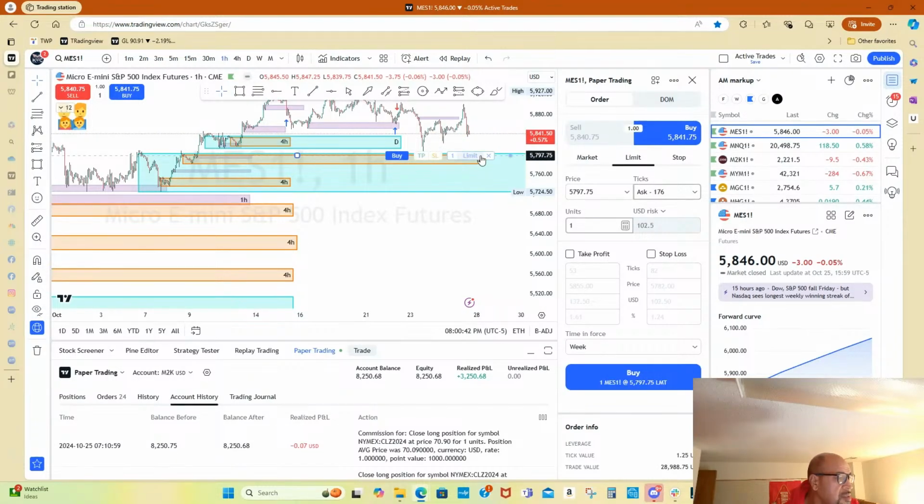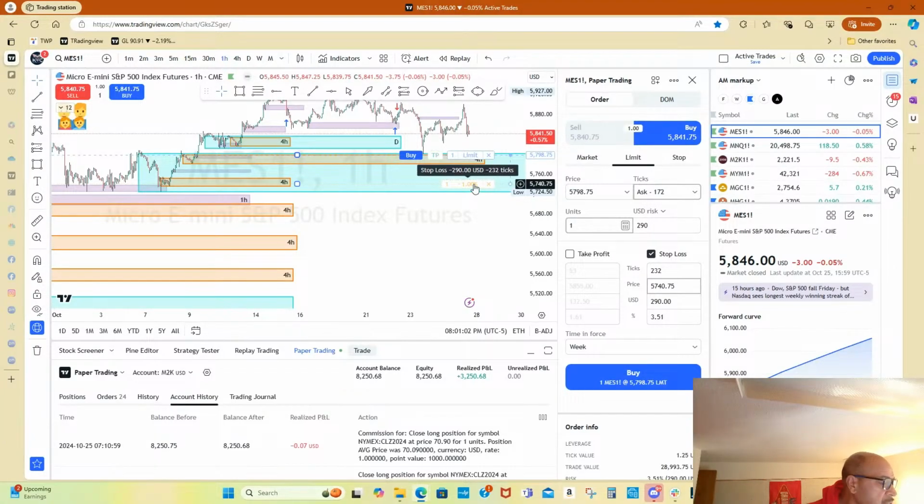See if you put it somewhere. Don't really matter where you put it, as long as you then take 1% is what? 290.